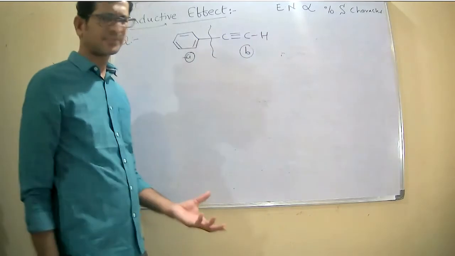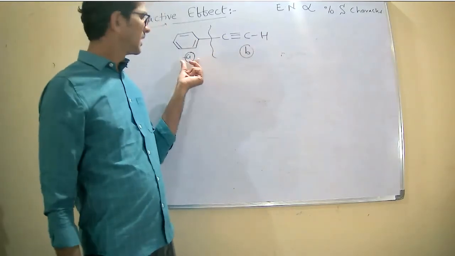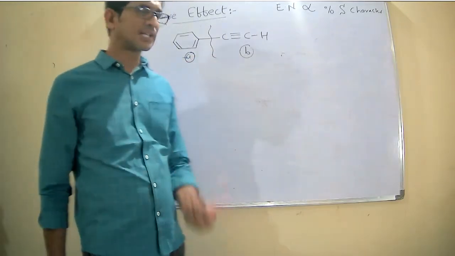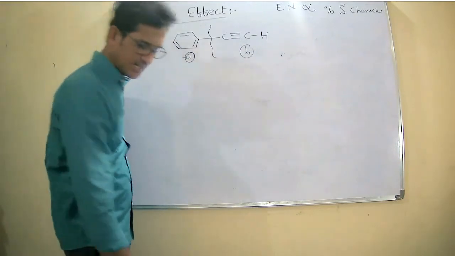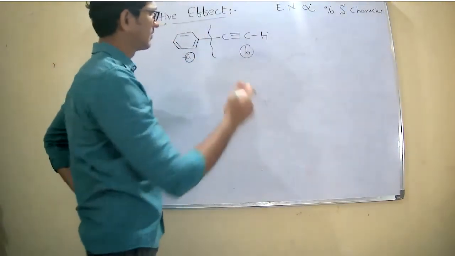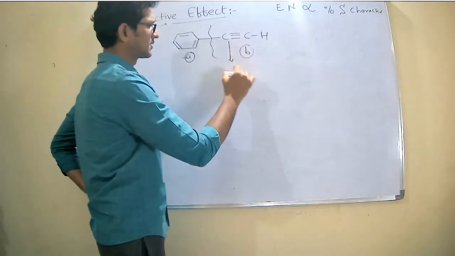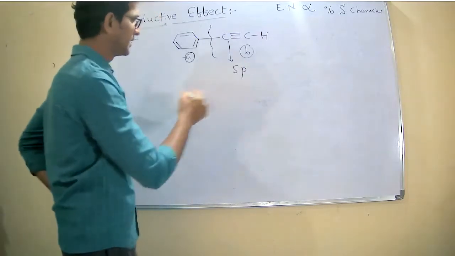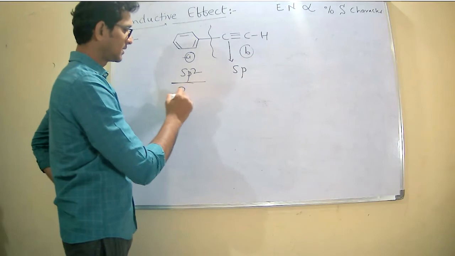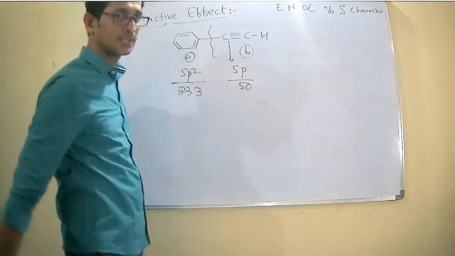Same here. I have part A and part B of compound 1, and which one belongs to the plus inductive effect and which is the minus inductive effect? The same will repeat here. We know this is sp hybridized, B, and this is already sp2. This is 33.3 and this is 50%.